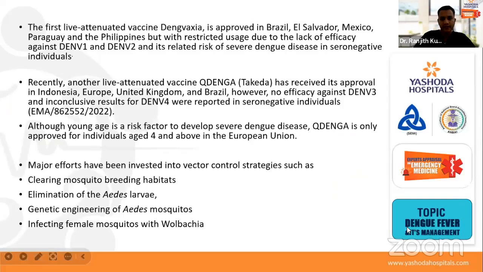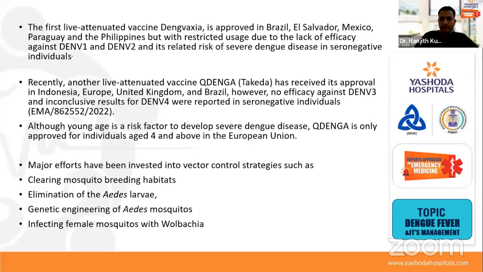Coming to prevention of dengue, there are two vaccines that have been developed for prevention of dengue or to tackle severe dengue. The first vaccine developed is Dengvaxia, which is approved in Brazil, El Salvador, Mexico, and the Philippines. But its usage is restricted due to lack of efficacy against serotypes 1 and 2 and a relative risk of severe dengue in seronegative individuals.